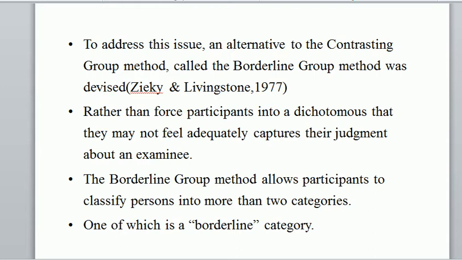It means that for a candidate who falls on the border between the two categories, it is difficult to declare that person pass or fail. So the borderline group method allows participants to classify persons into more than two categories, one of which is a borderline category.